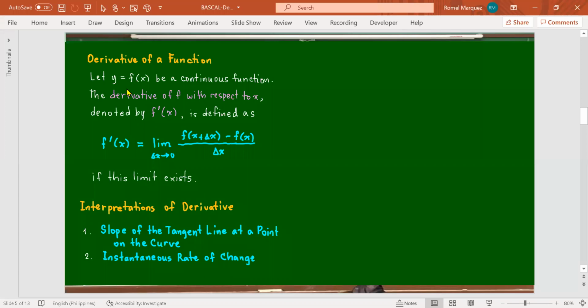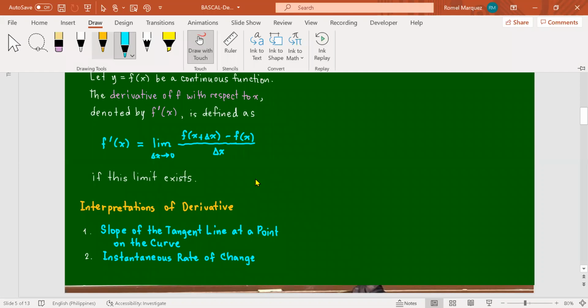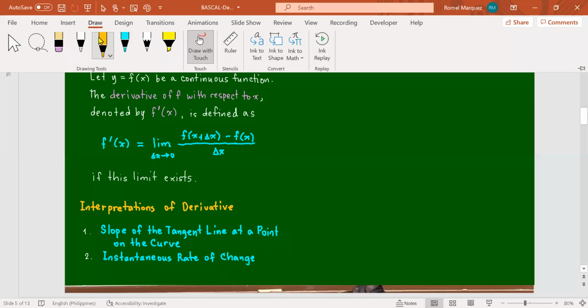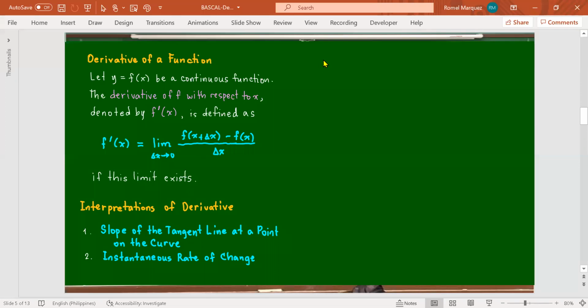Okay, guys? And if you perform the derivative operation on a function, derivative can operate on a function, no? Now, if you perform that operation on a function, we call that operation differentiation. So what is differentiation, guys?